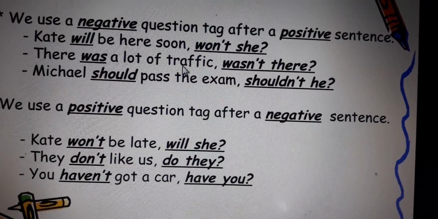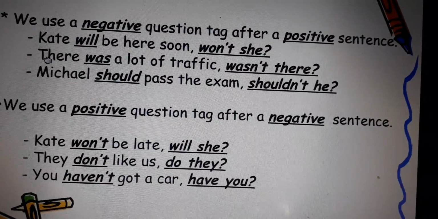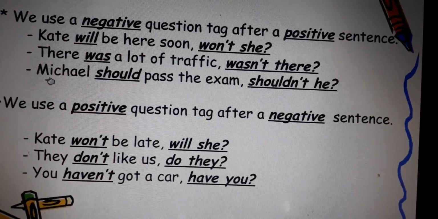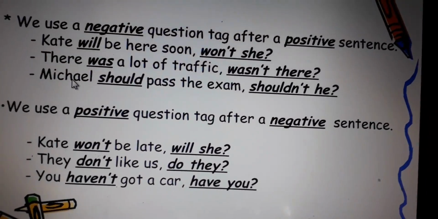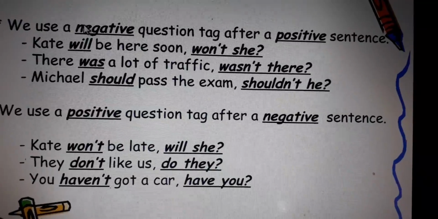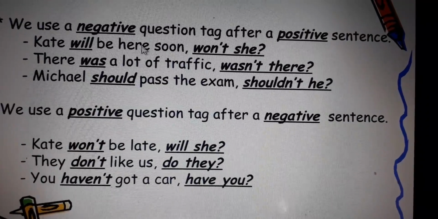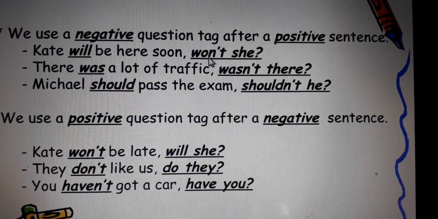There was a lot of traffic. Was, we are going to use wasn't there. Michael should pass the exam, shouldn't he. I hope it is clear to you with the examples that positive sentences are provided with a negative question tag.